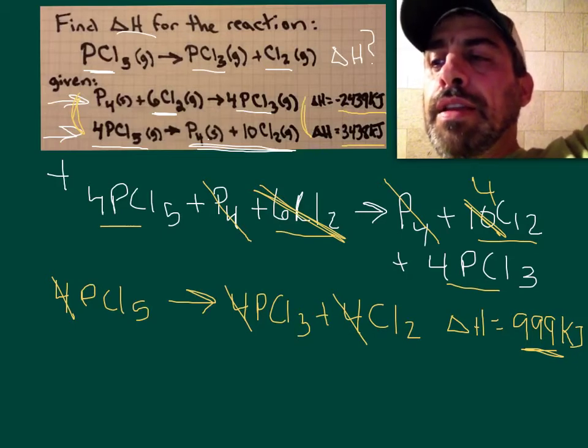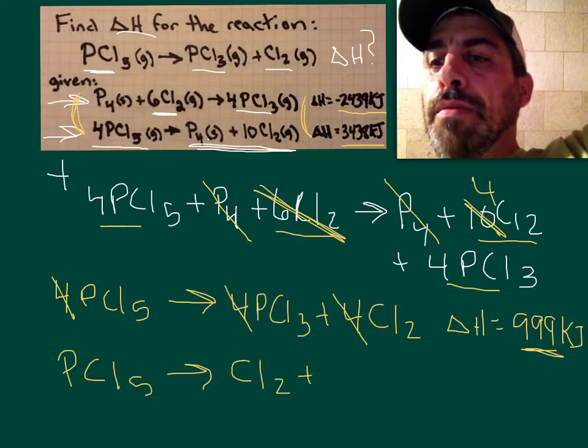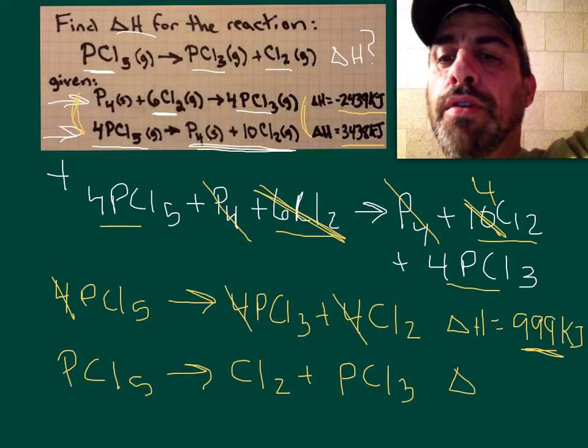So to get the decomposition of 1 mole of PCl5 into 1 mole of chlorine gas and 1 mole of PCl3, we would just take the 999 divided by 4, which gives us an enthalpy change of around 250 kilojoules.